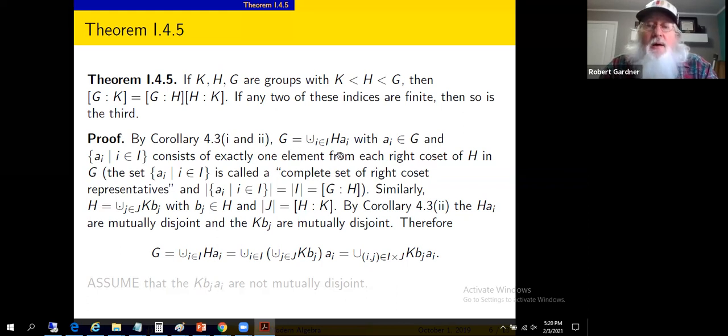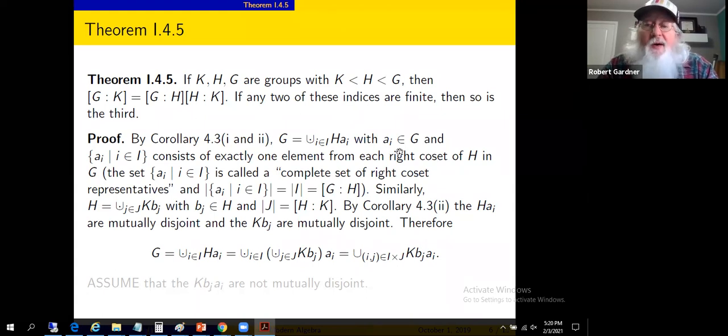What we're doing here is picking an a sub i in G for each right coset. So when i equals one value, and I don't want to say the first, since that implies countability, I choose some value in this indexing set capital I, then there is an element of G such that we get the coset H a sub i.